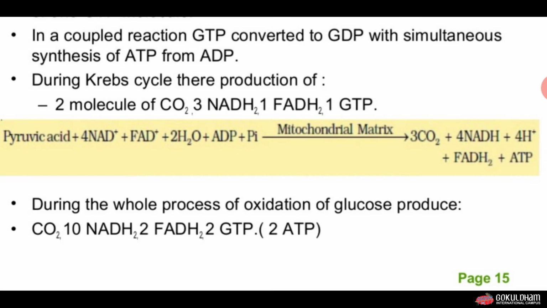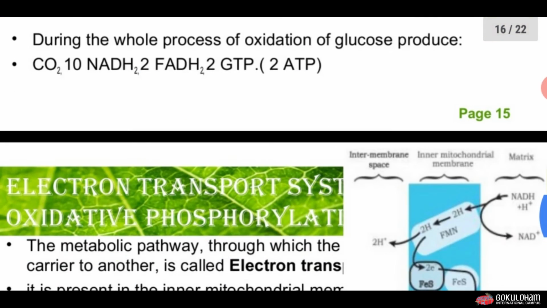During the whole process of oxidation of a glucose molecule, glucose produces CO2 plus 10 NADH2, 2 FADH2, 2 GTP and 2 ATP ultimately.